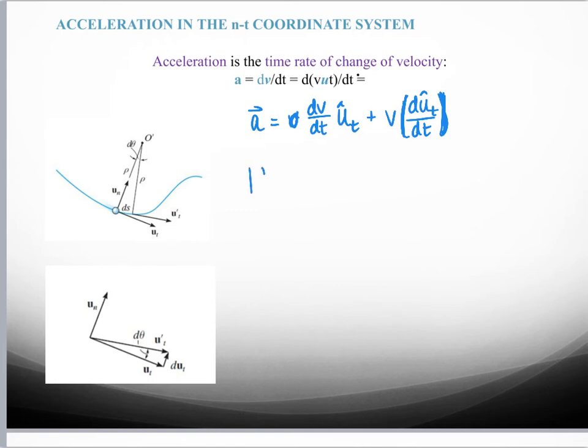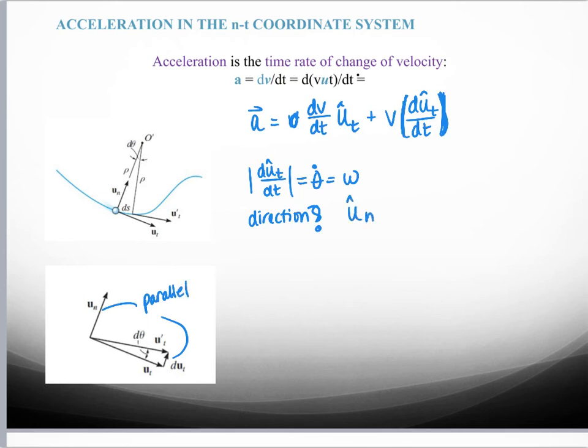And we found that du tangential dt can be expressed as theta dot or omega. But what's the direction? If we look at this, we notice that these two are parallel. So the direction is in the normal. So you can see that the direction that this points tends to be the same as the unit normal vector.